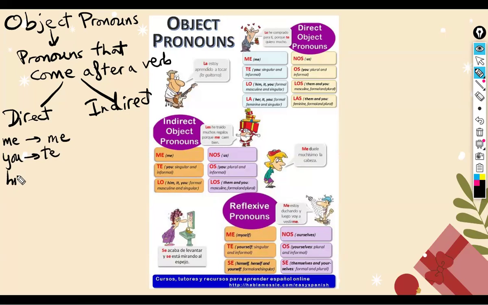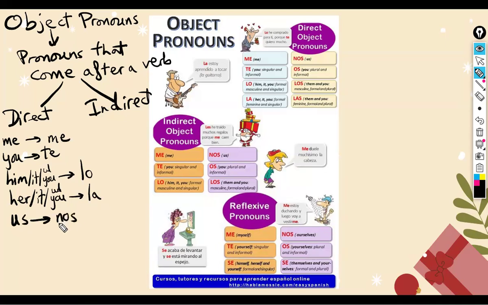For him, or it, or you, formal, usted, right? As always, right? That is lo. For her, or it, if it is feminine, or usted, feminine, right? That is la. For us, that is nos.